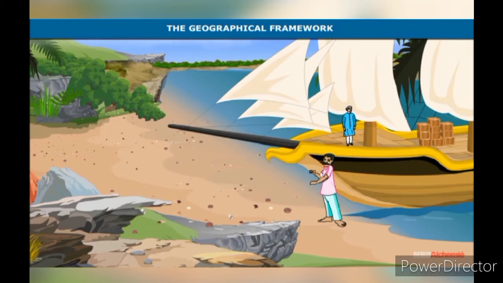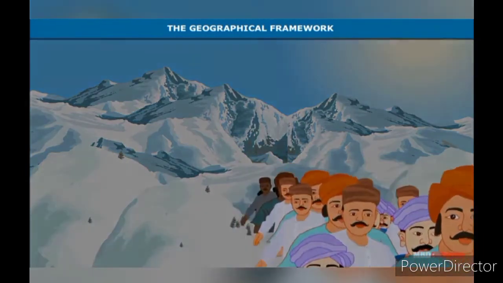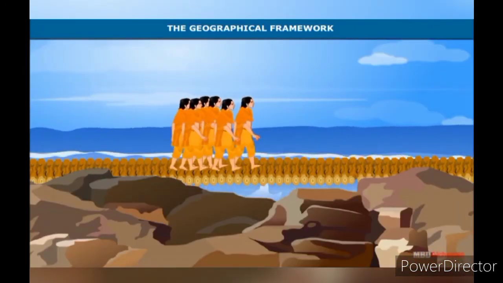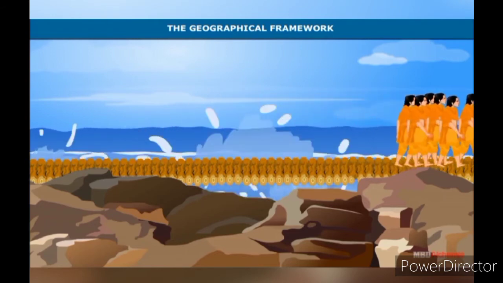Trade with foreign countries took place from these ports. One such port was Surat. Archaeological evidence reveals that the people of Surat traded with the Phoenicians about 3,000 years ago. Over the years, despite natural barriers like mountains, rivers, deserts, etc., people started traveling all over the subcontinent.